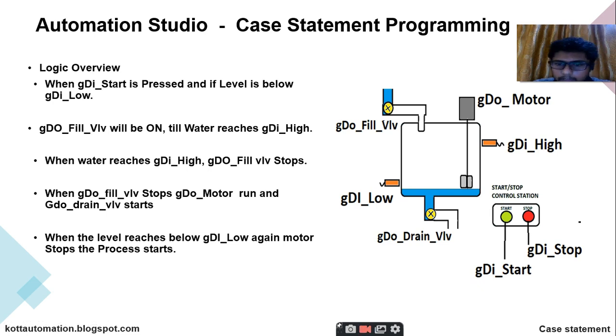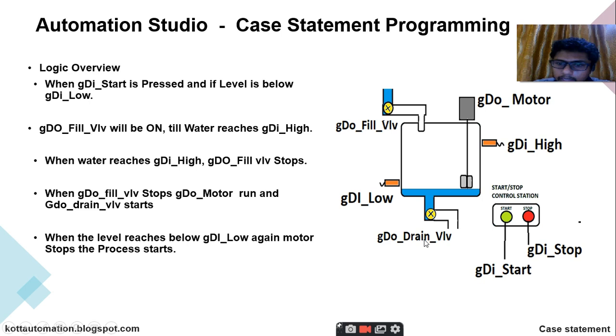In this logic, when the level of the water is below the low level sensor, the filling valve will get on. The filling valve will remain on till the water reaches the high level sensor. As soon as the water reaches the high level sensor, the filling valve will get off.